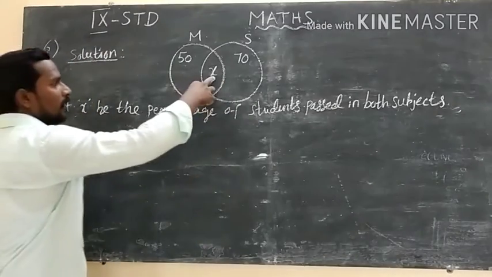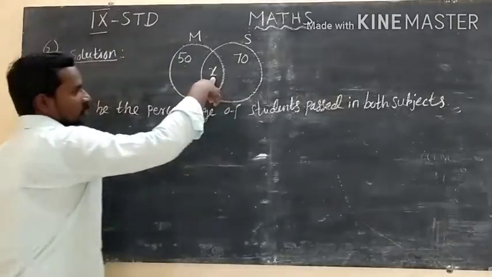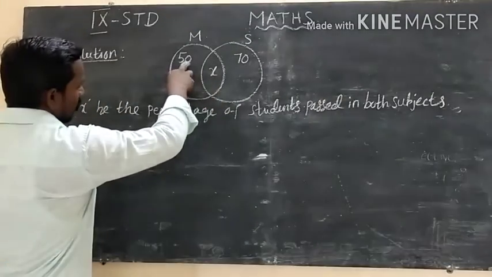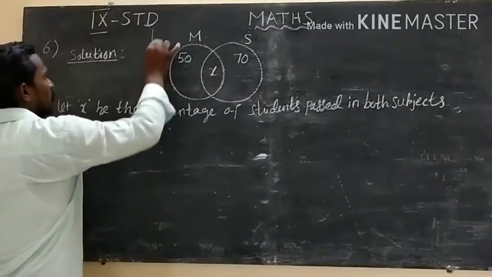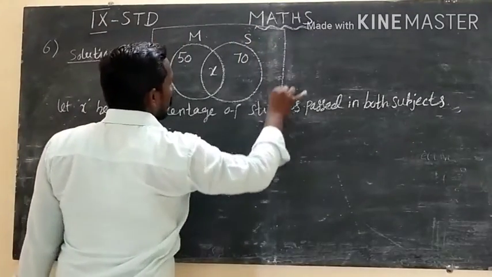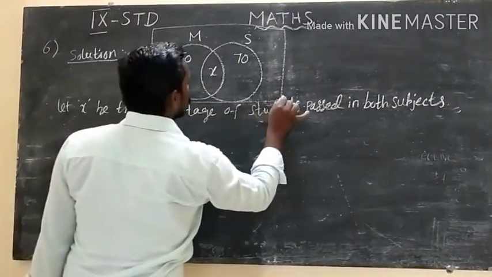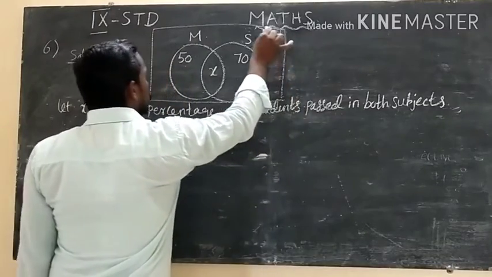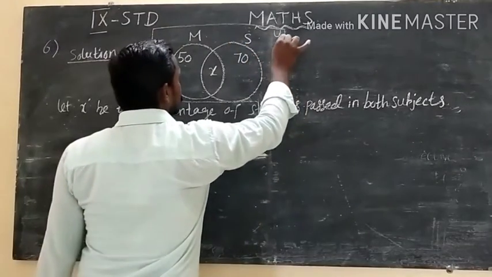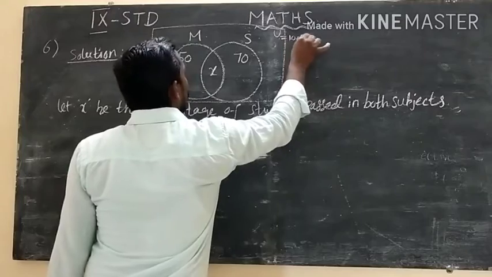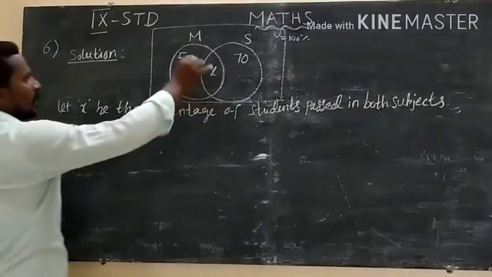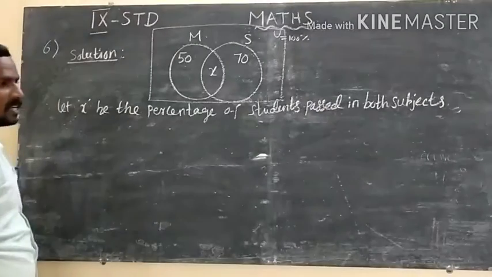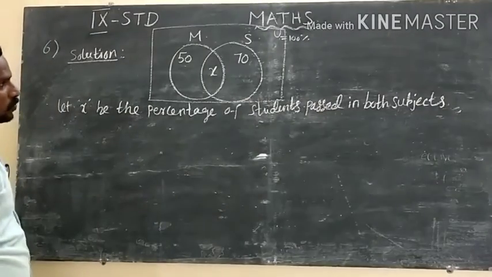The number of students is already known, 300 students. Because all the values are taken in percentage, we form the universal set, since the whole value is not given. This universal set is equal to 100%. So only M and S are based on the number of pass students.